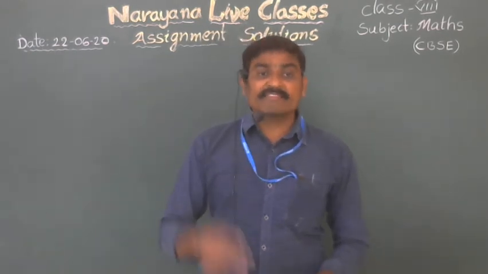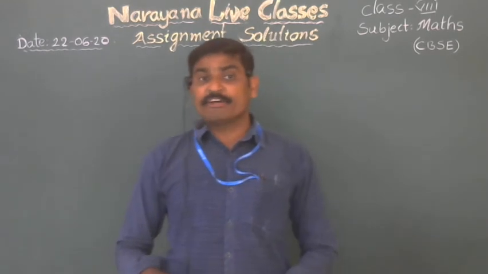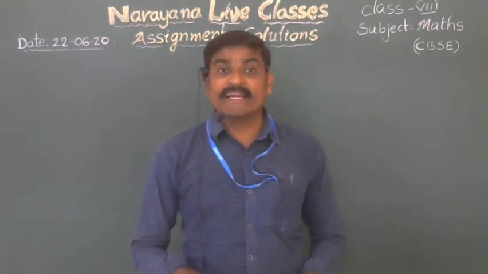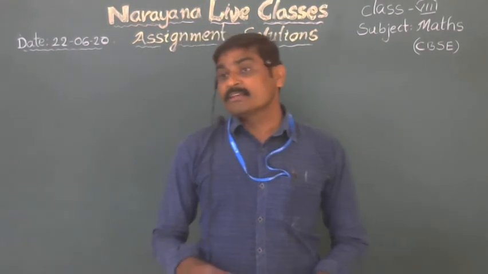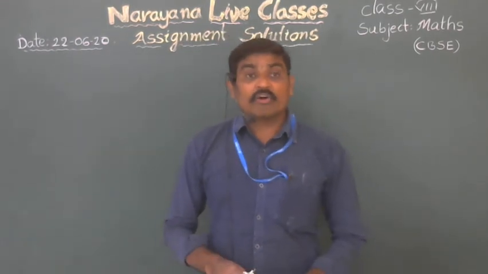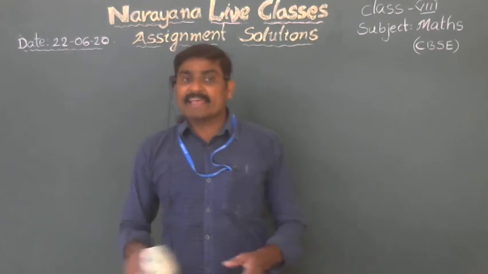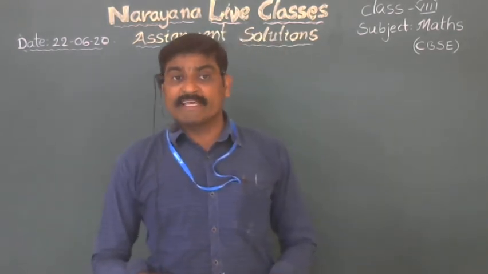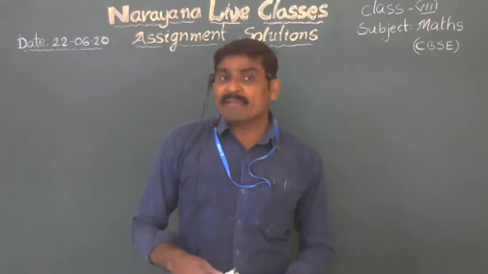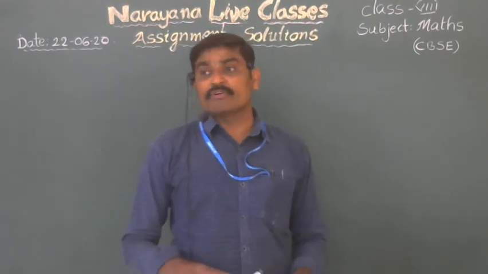If he receives a total of 745 rupees in all, for how many days did he remain absent? Okay, so this is the question. The total number of days the laborer is engaged is 20 days.